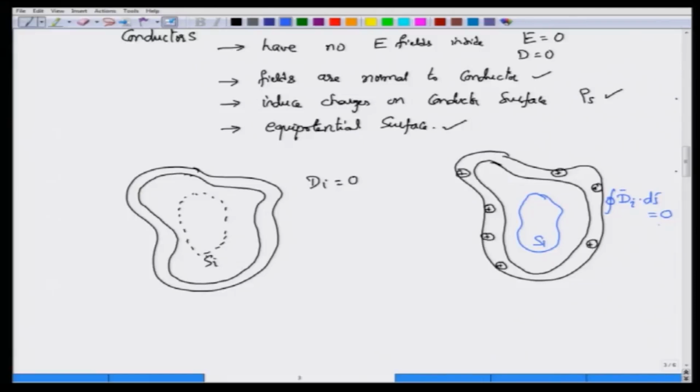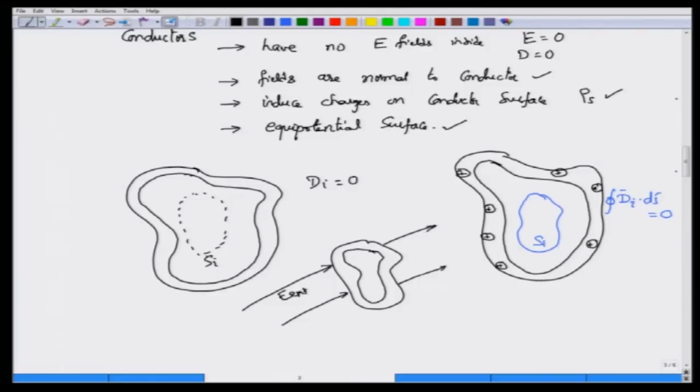Suppose you consider the same metallic shell and expose it to an external electric field, call this E external. What would happen? The external field would simply seem to be transmitted through this enclosure, but because of this electric field there would be charges induced, much in the same way as the charges induced in the previous charging process.